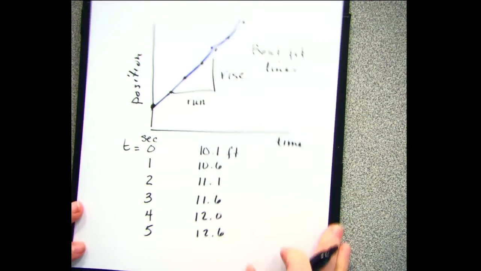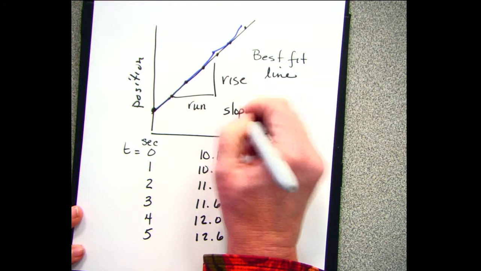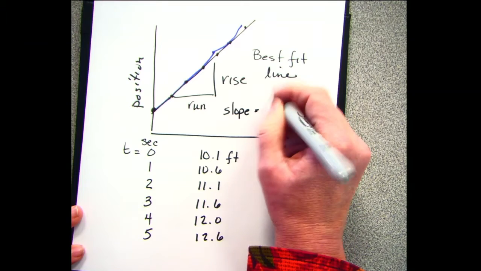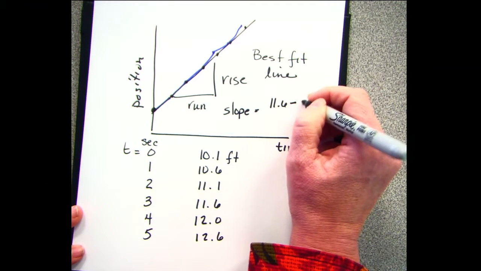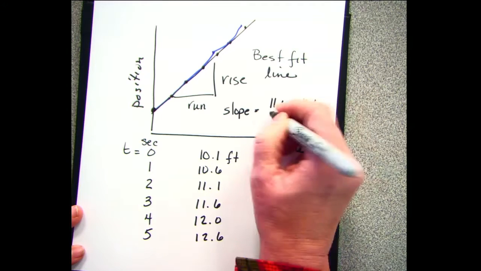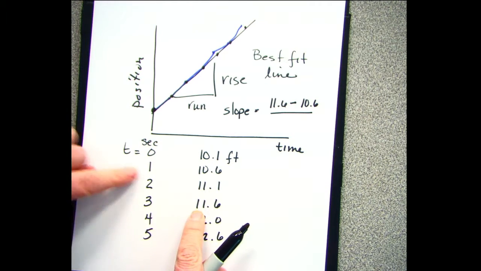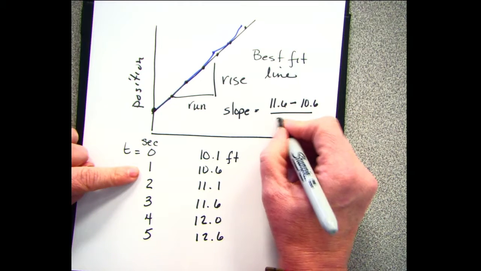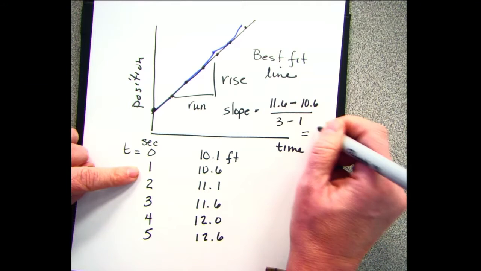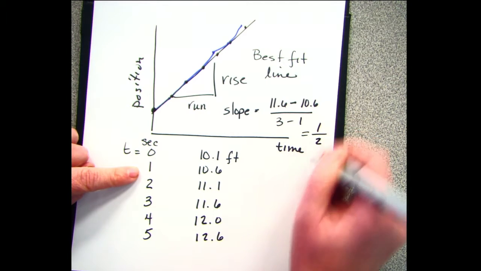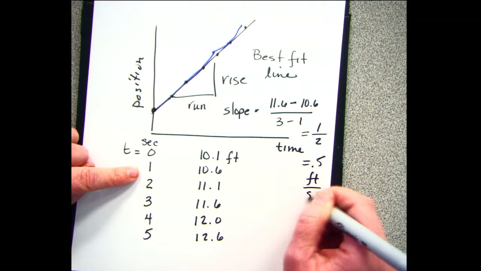So I can do that. And if I do that, I get the slope. And I'm going to use 11.6 minus 10.6 divided by, so I'm going from 11.6, that's 3, to 10.6, that's 1, so I got 3 minus 1. I end up with 1 divided by 2, I end up with 0.5, and this is going to be in feet per second.